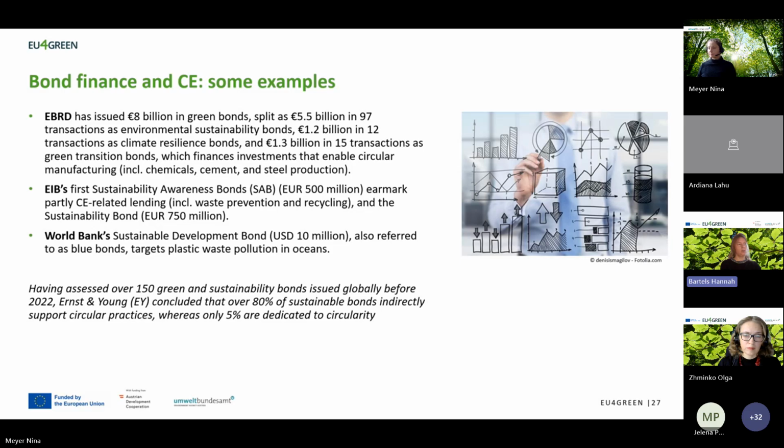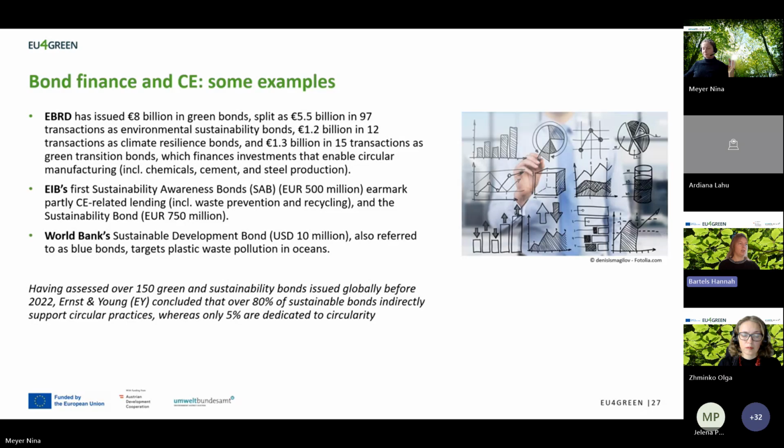And we also see that the World Bank is, of course, engaged in this by having issued a sustainable development bond, also referred to as blue bonds, which in particular target plastic waste pollution in oceans. And we also here have a quote from a study done by EY, which assessed over 150 green and sustainability bonds issued globally before 2022.